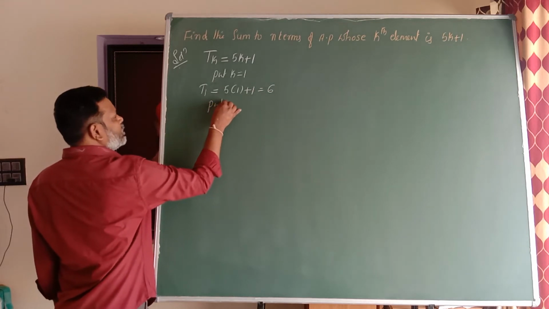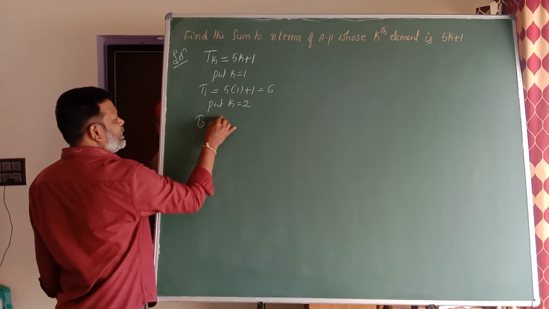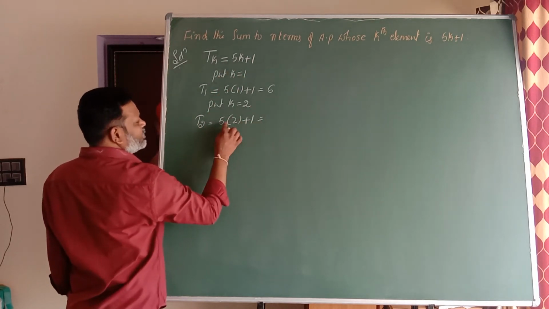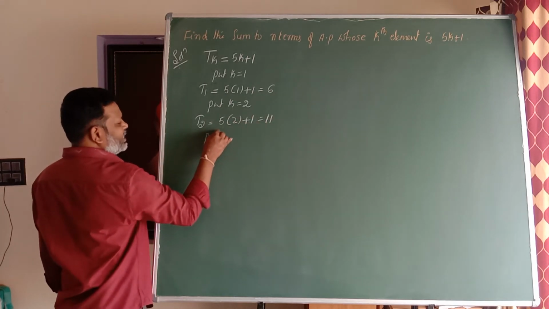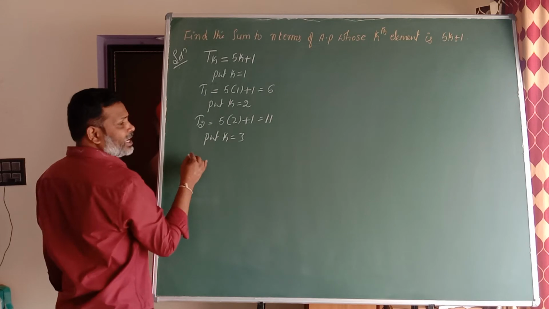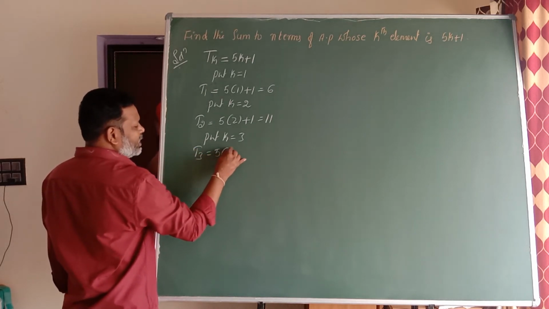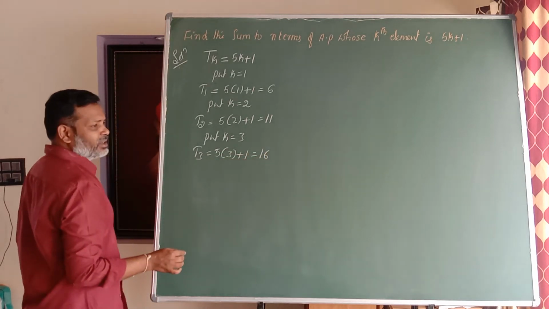Now put k is equal to 2. T2 is equal to 5 into 2 plus 1. 5 twos are 10, 10 plus 1 is 11. Next, put k is equal to 3. T3 is equal to 5 into 3 plus 1. That is 15 plus 1, nothing but 16.